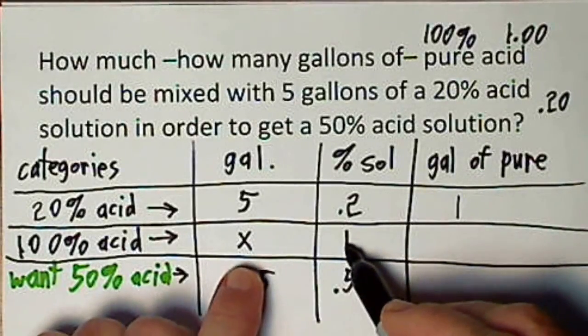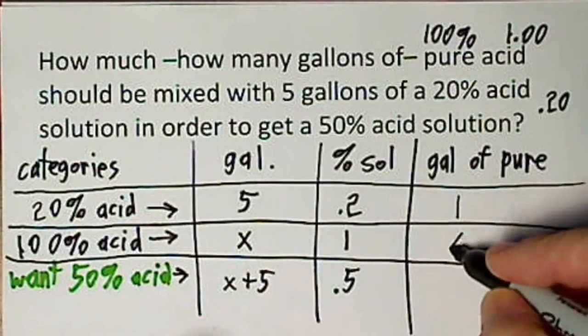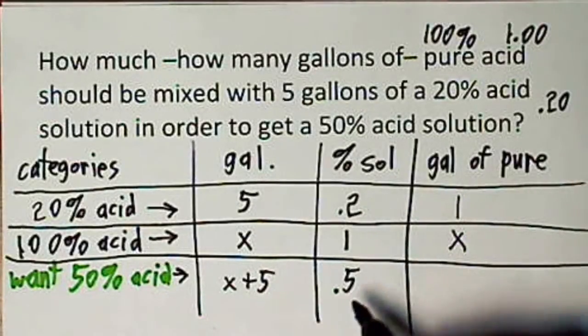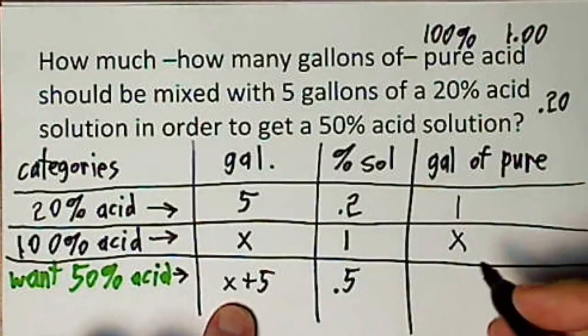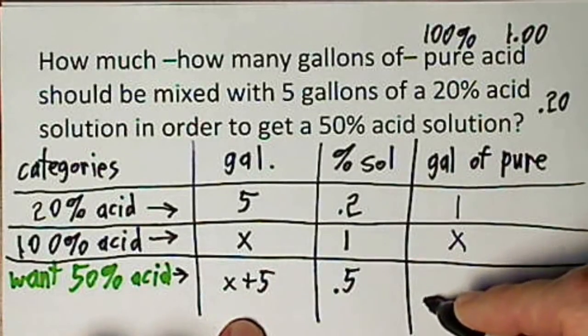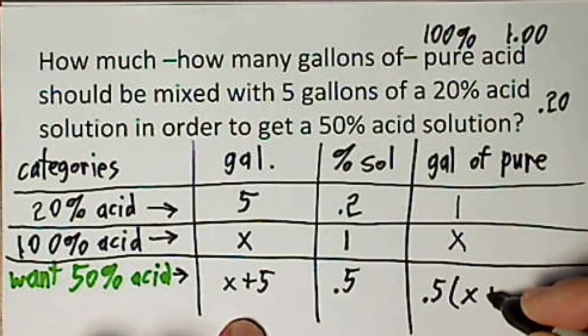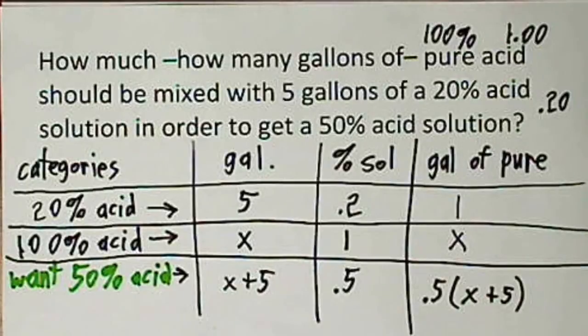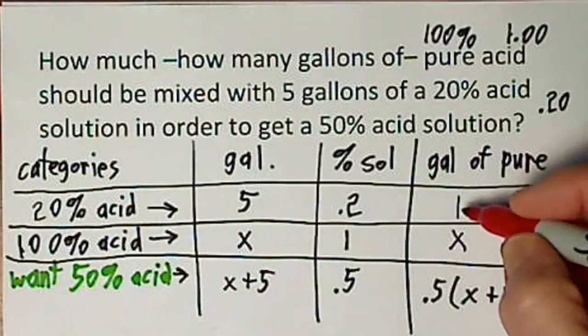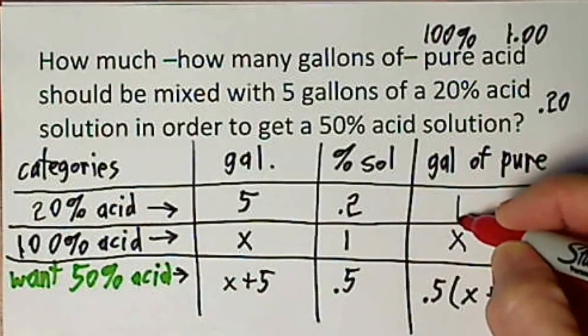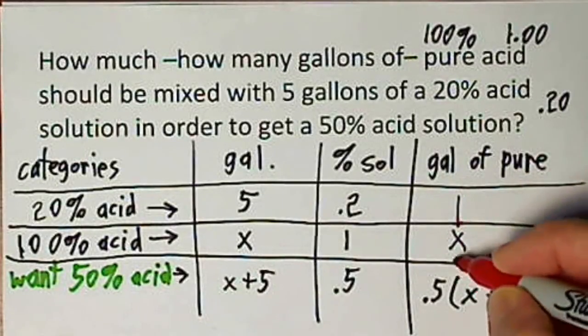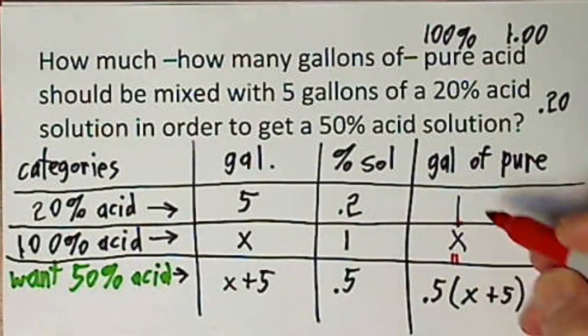Here I'm going to multiply again. 1 times X, well, that's X. And here it's going to look a little strange, but I'm multiplying still. So this is 5/10 times, okay? And just as in the previous problem, the purpose of this chart is to organize our thinking. If we add this to this, it's equivalent to that, okay?